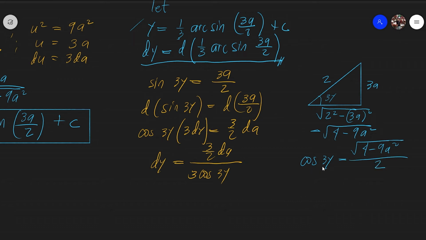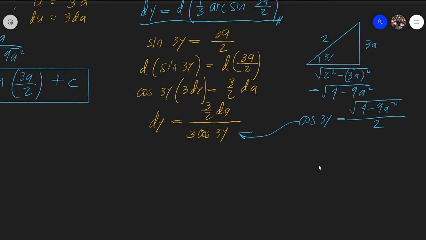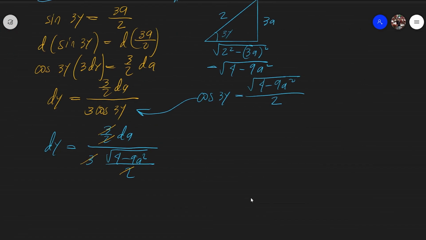You can substitute it here and you'll get dy equal to 3 halves dA all over 3 multiplied by the square root of 4 minus 9a squared all over 2. The 3 will cancel out, and the 2 will also cancel out.